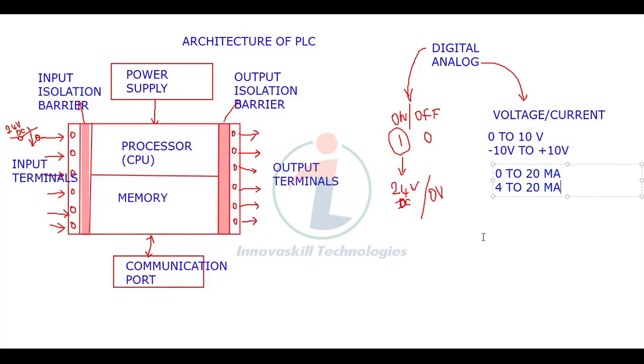For example, if you want to know the level, you will be measuring it. But if you want to know the status of a lamp, you can say it in two statuses, either it is on or off. Whichever input or output you mention by just two statuses, on or off, it is digital.